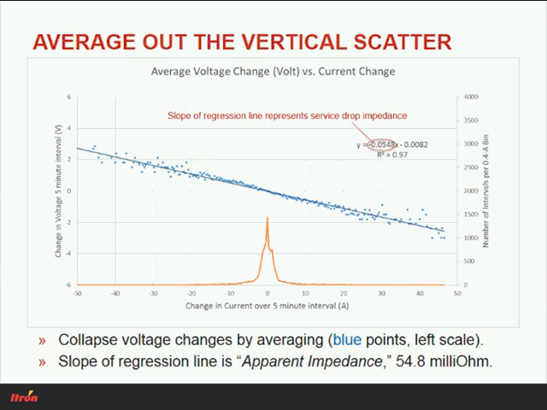And the slope of the line between change in voltage and change in current is exactly the resistance. And in this particular case, it's 54.8 milliohms. We can actually measure an apparent impedance of each service drop by this simple regression, which can be repeated periodically.